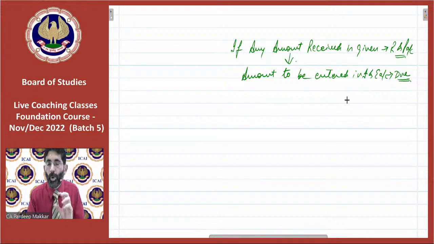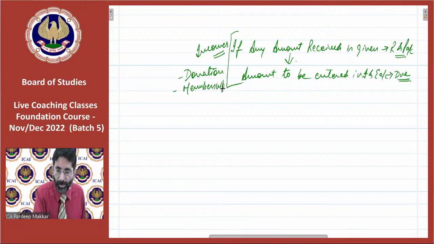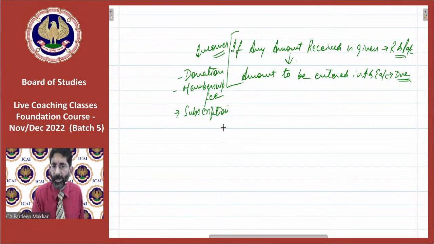I'm giving you a format for that. This is regarding incomes. Incomes include donations, membership fees, subscription. Mostly these are the items.